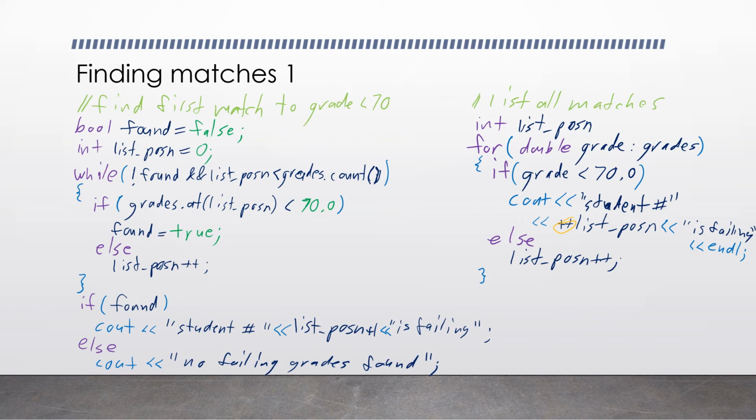If we were really clever, we could even have a separate array of student names, and we could list the student name instead of student list position by using the command cout students .at list position is failing. endl.